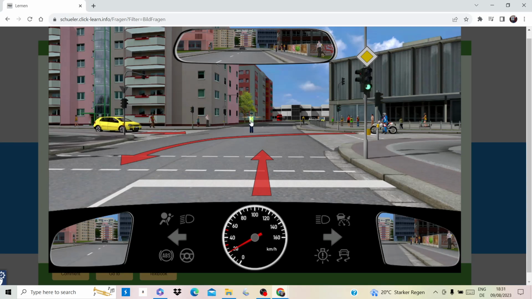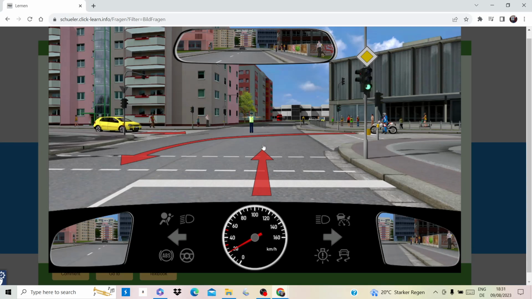So first he must be obeyed, and if he is not there, then the traffic light must be obeyed. If the traffic light is not there, then the driving symbols should be applied.